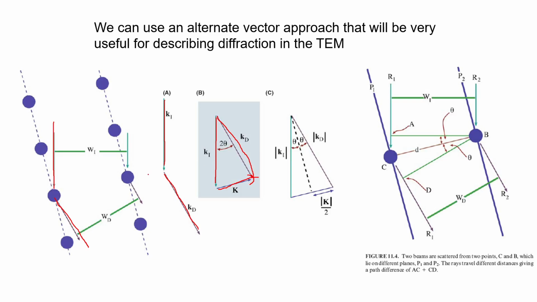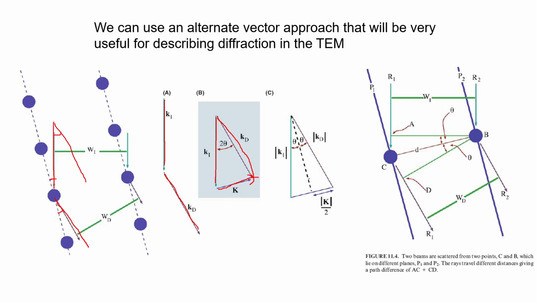So basically the angle between K1 and KD is 2 theta. It is not theta, just remember this, because this angle is also theta, and if you displace this KD over here, then the angle between this KD and your incident radiation will be 2 theta.